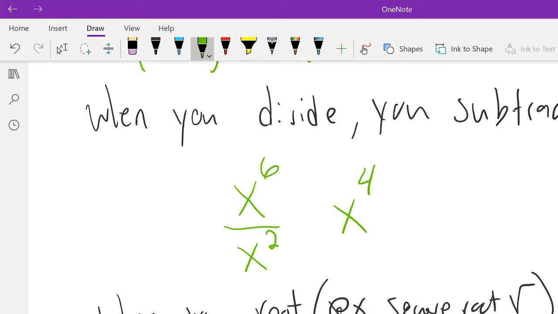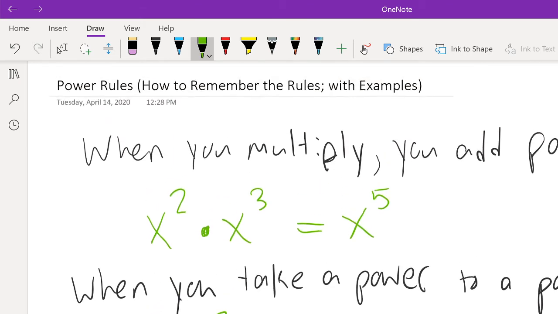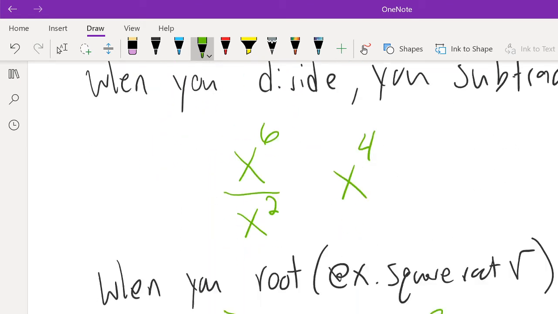You don't have to write the 2, but it means there's a 2 there. Square root of x to the 6 means x to the 3, because 6 divided by 2 is 3. So when I root, I divide the power inside by the little number that goes here. If there's no number, it's a 2. Right? So those are the 4 basic rules of powers.